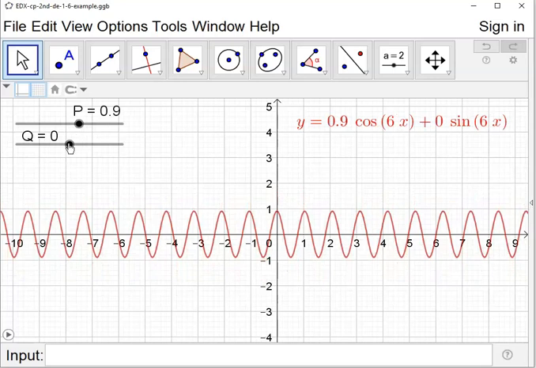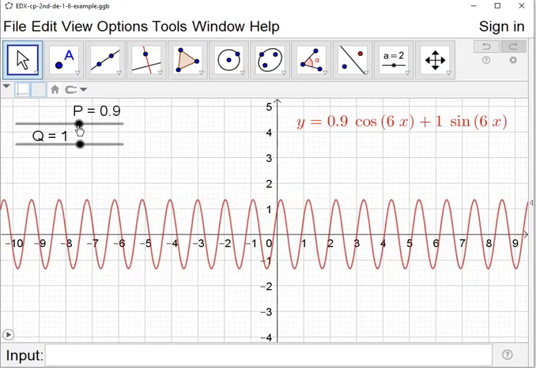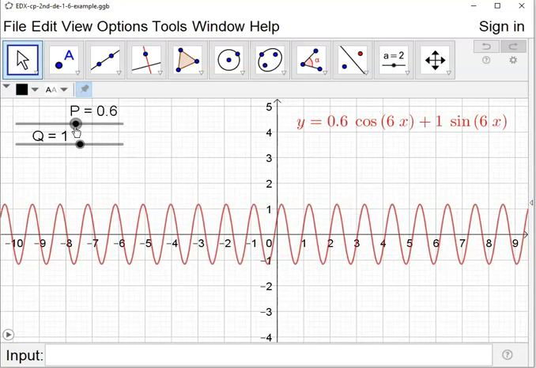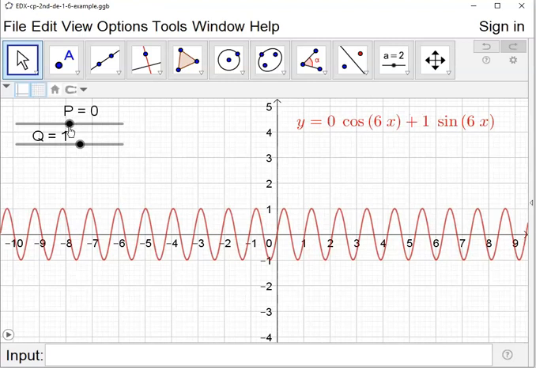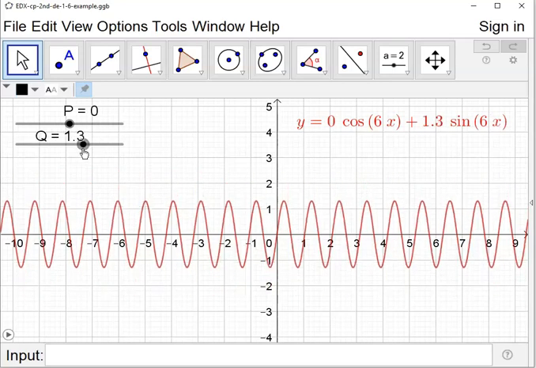If I set q equal to 1 and p equal to 0, now we're looking at the solution y equals sine 6x, which is a sine wave with amplitude 1, and by changing q I can change the amplitude of this sine wave.